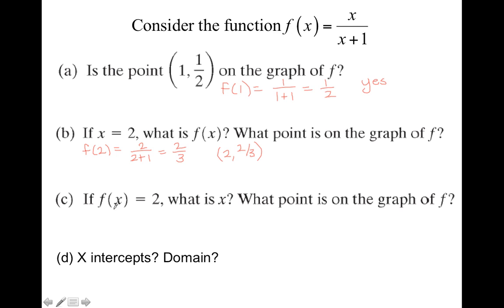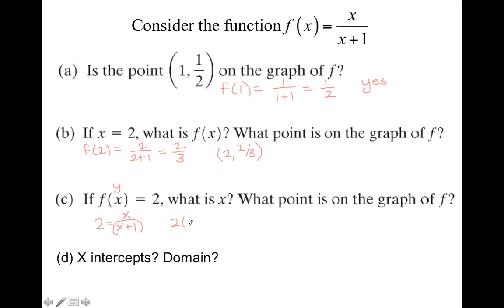All right, part C, if f of x equals 2, so that's asking if y equals 2, what is the x value? So here, if I plug in 2 where I see f of x, that'll be over here on the left side of the equation. Then I need to solve this for x. To do that, I'm going to cross multiply. Think of this as being all together, and multiply both sides by x plus 1.